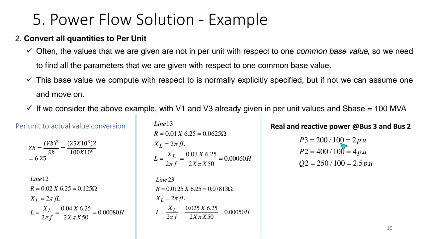It could be slightly less, maybe 96 MVA or 97 MVA. By assuming unity power factor, I divide by a base power of 100 MVA, and I get my generator 3 as 2 per unit, and the load real and reactive power as 4 per unit and 2.5 per unit. Is it clear?